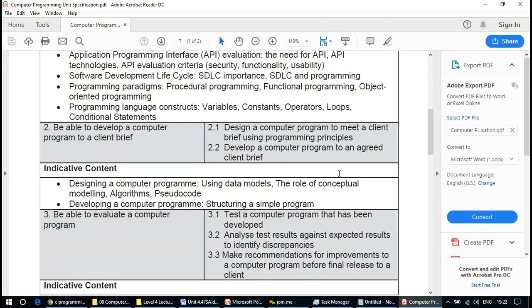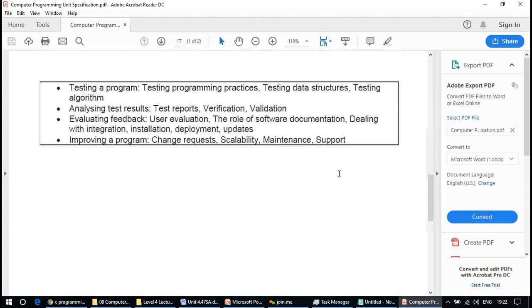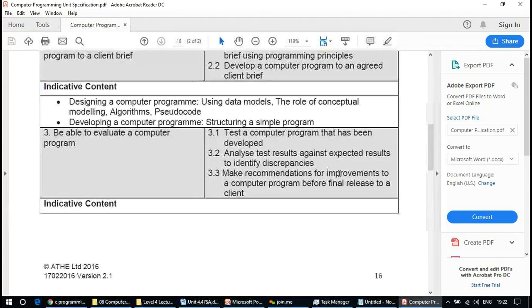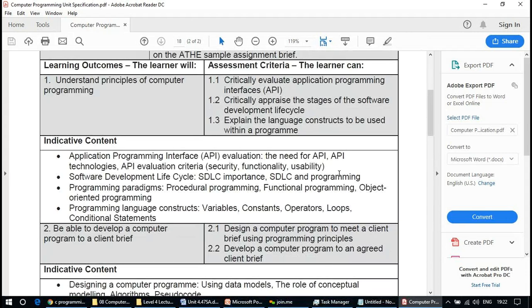And later on, LO2 says designing a computer program using data models, the role of conceptual algorithms, and bit more organized kind of programs. But let us start with a basic computer program concept, and then we will discuss the types of paradigms and how they are used in the system development cycle, and then how it becomes the API.